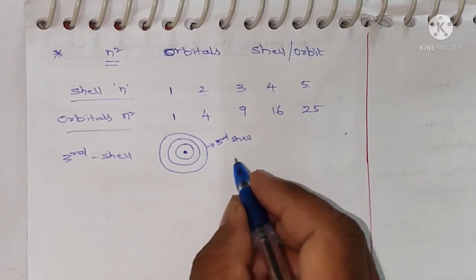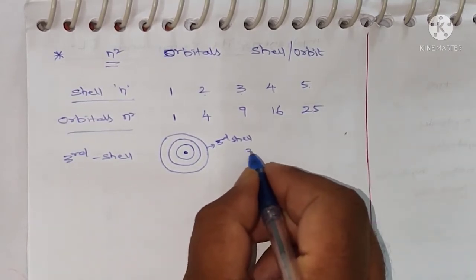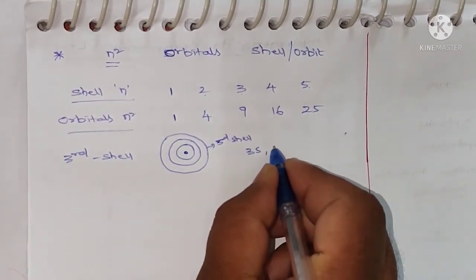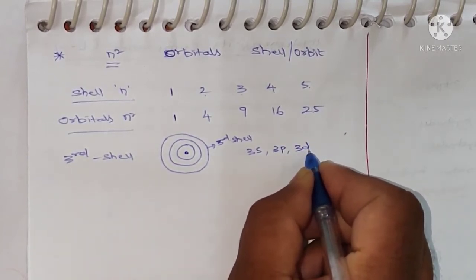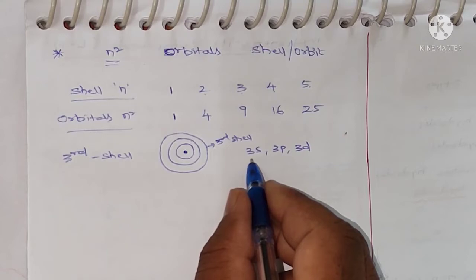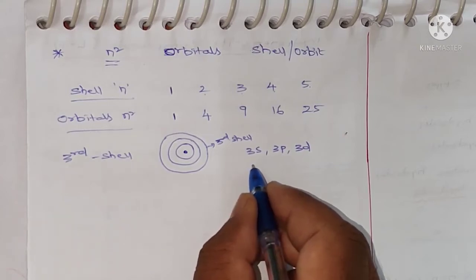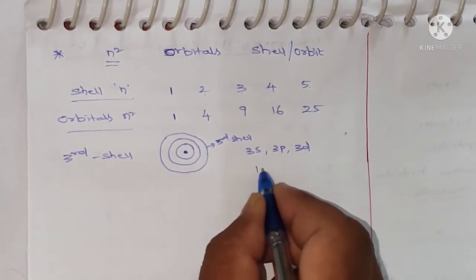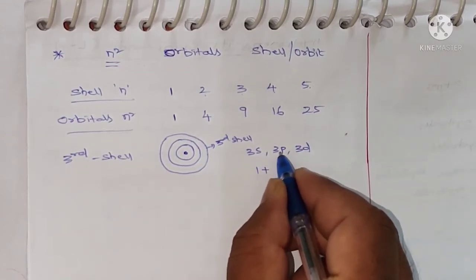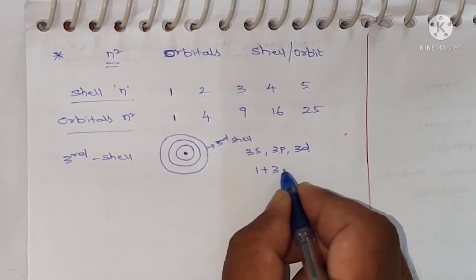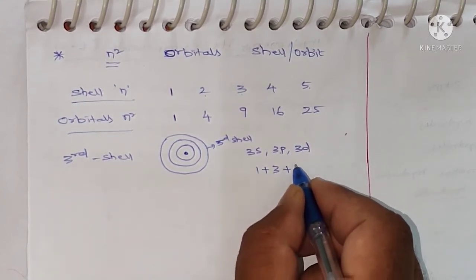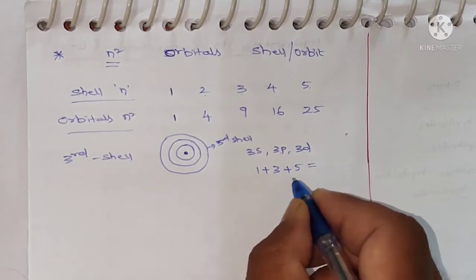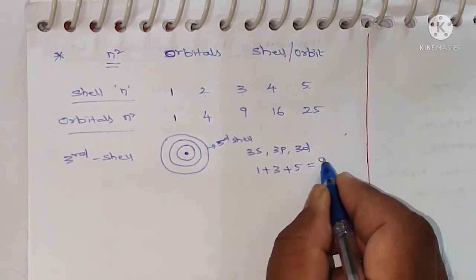So in that third shell we have 3s orbital, 3p orbital and 3d orbital. 3s, 1 orbital, plus 3p, p orbitals 3, so plus 3, plus d orbitals 5, so plus 5 is equal to total 9.